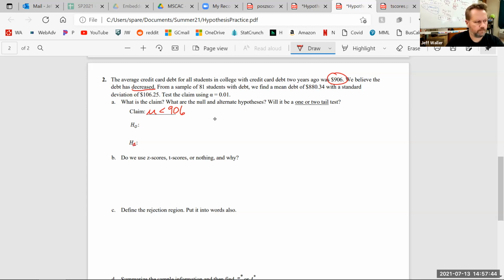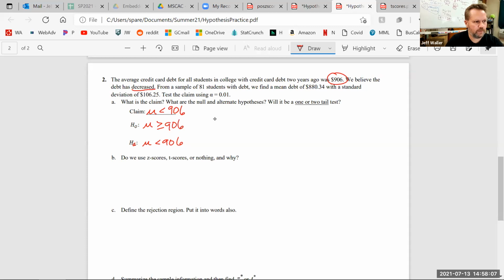It's going to go under the Ha, good, because it does not have an equal sign. So what's the other old dude in the coffee shop get? What's he think? He's the H0. Okay, now, greater than or equal to 906.